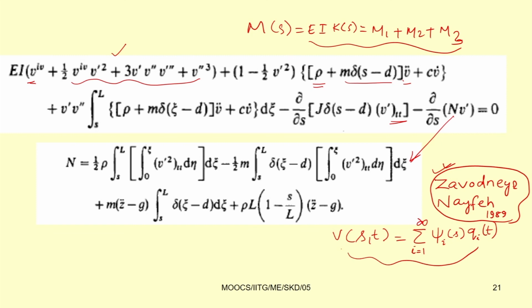By substituting this in this equation and using some weight function, you can find the residue and equate the residue equal to 0 to find the equation of motion.